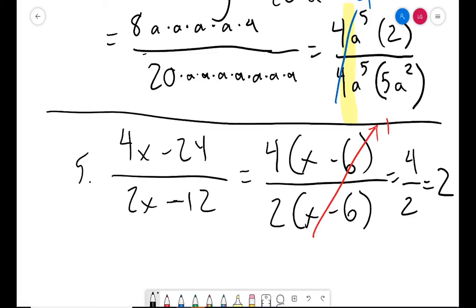The numerator is divisible by the denominator. In this case, the numerator 4x minus 24 is exactly 2 times 2x minus 12. So put in any x value you'd like, except for one choice, you will find that the top is exactly twice as large as the bottom. Let x be 0, negative 24 over negative 12, twice as large.